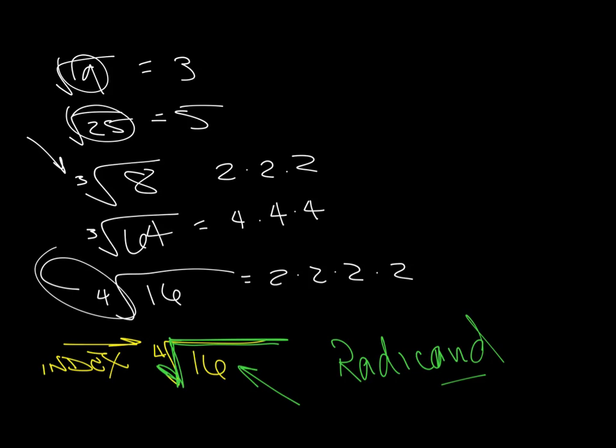So what do we do with this stuff? You can take the square root of pretty much any number, the cube root of pretty much any number, except what if this were a negative 4? That means I have to find two numbers, the same number, multiplied together to get negative 4.